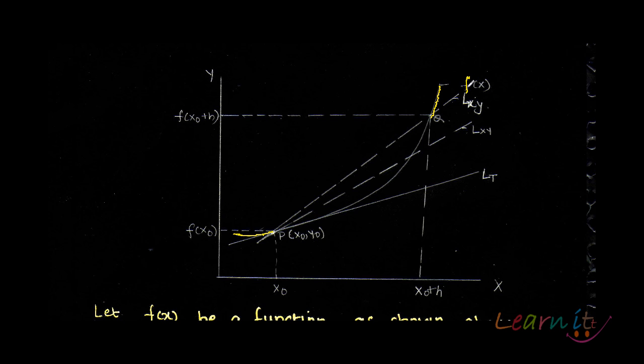this function f is a function of x, so f(x). Let us take one point P, and Q. In case you join PQ, there is a line which I call LXY.